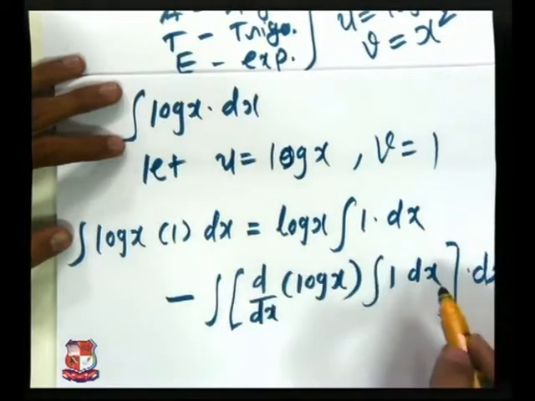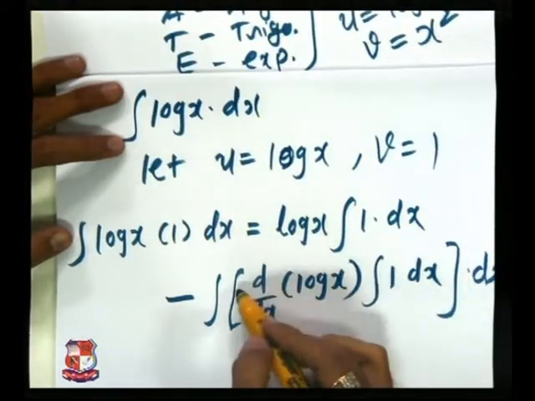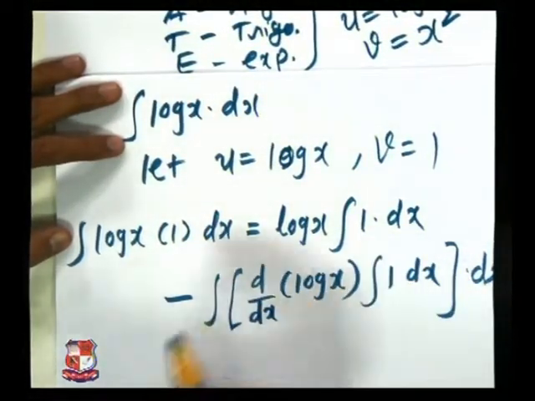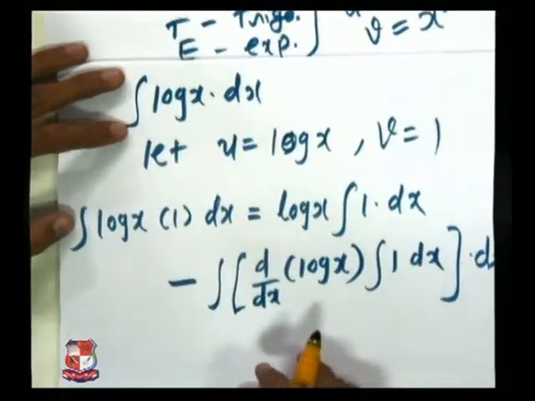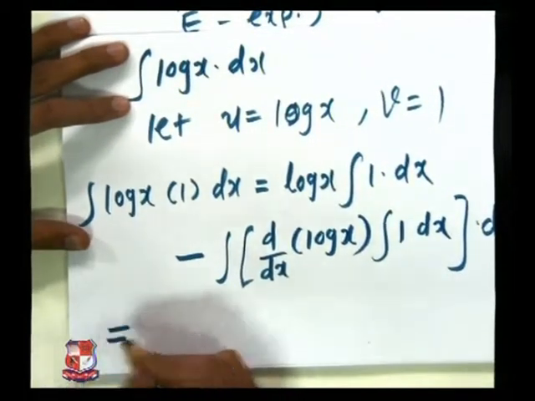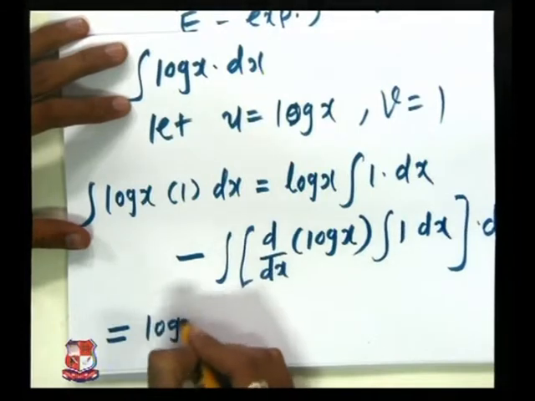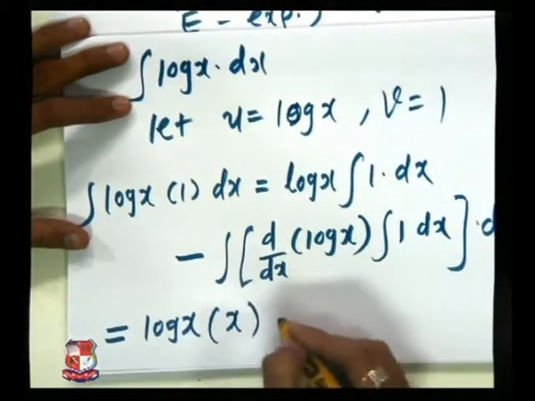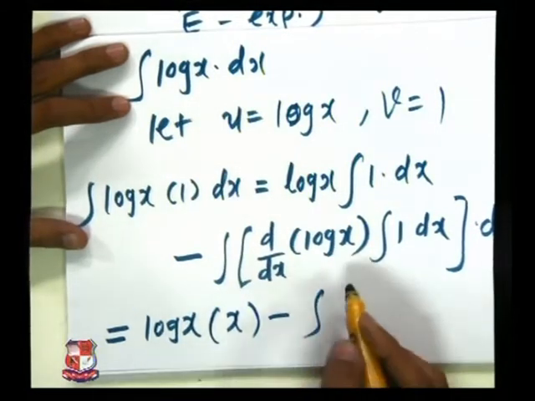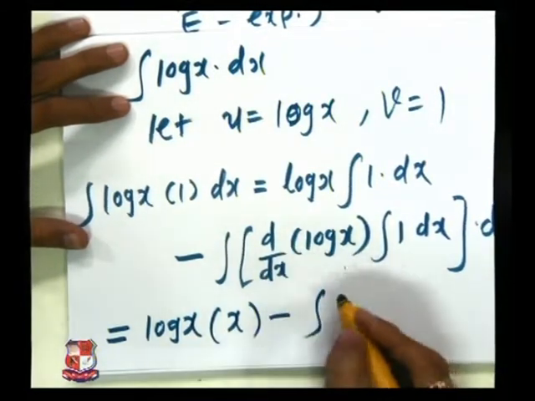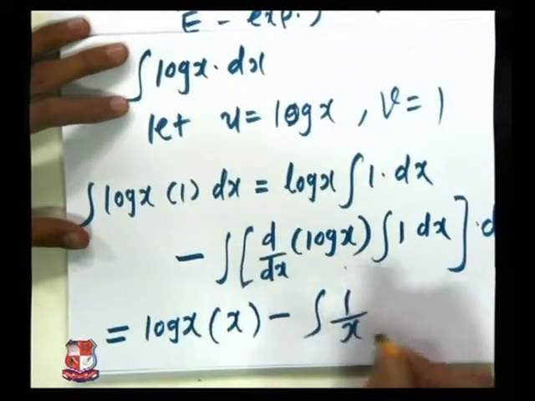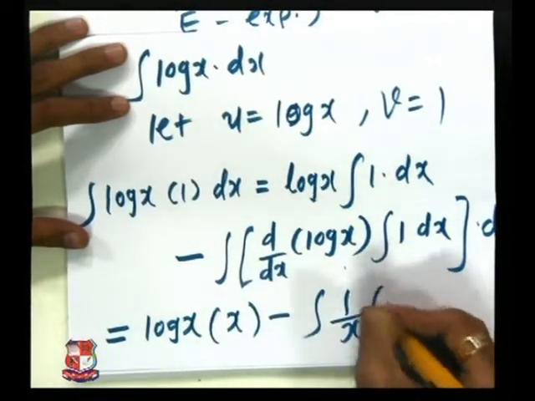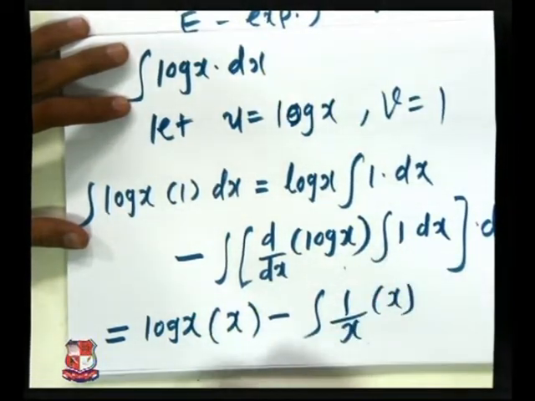The simplification of this bracket, integration of this bracket with respect to x, right? So this one is equal to log x, integration of 1, that is equal to x, minus integration, differentiation of log x, that is equal to 1 by x, integration of 1, that is again equal to x.